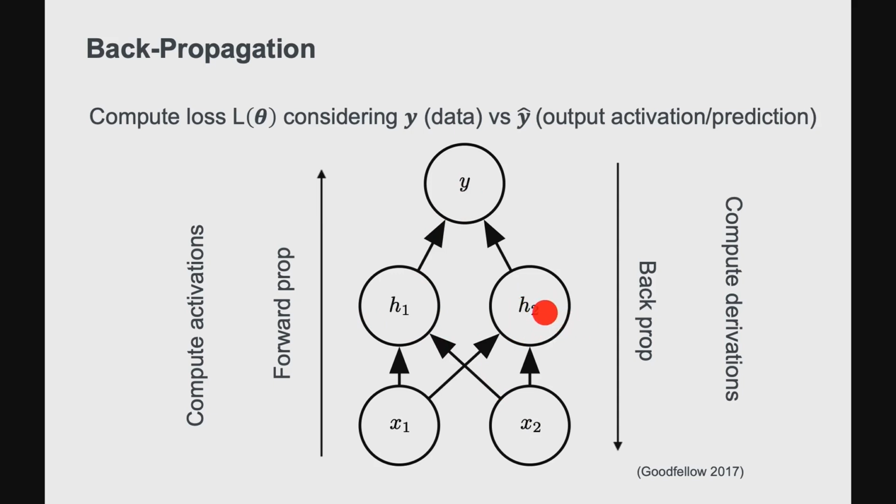Here we also determine that the values of H1 and H2 have some loss, and we further propagate to the previous layers and the previous parameters. So we determine the gradient for all our parameters such that the loss in the output layer becomes smaller.